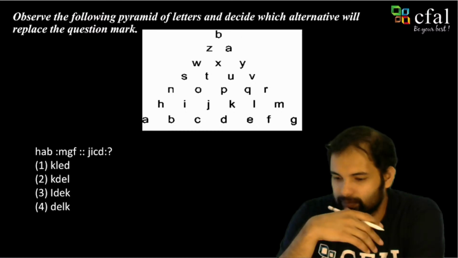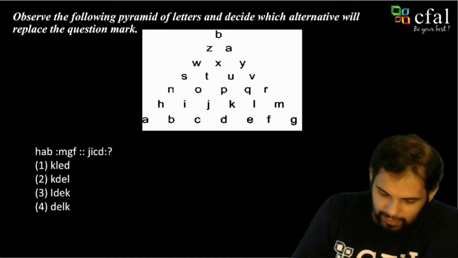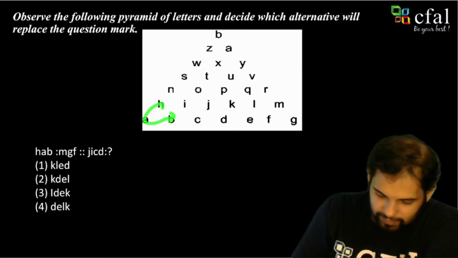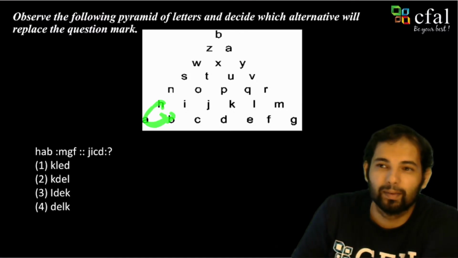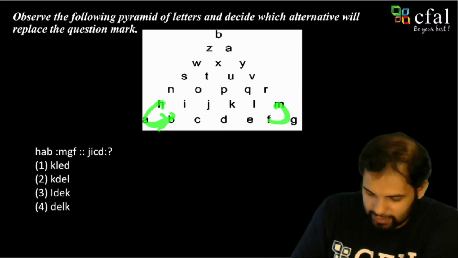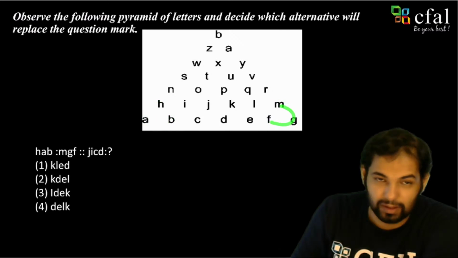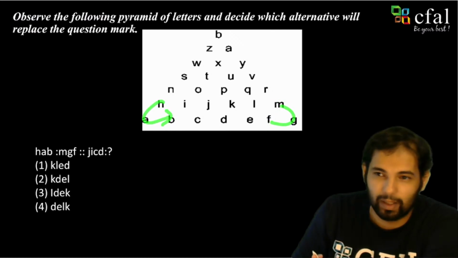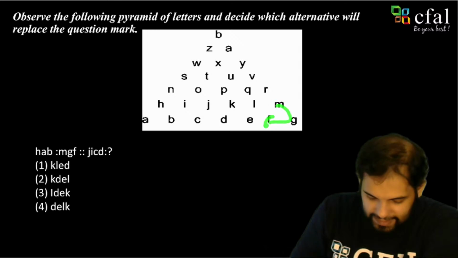Let's see. HAB goes this way, HAB goes this way. MGF, can we see something? In the corner, can we see? Okay, I say it's like this and this goes like this. That's all I can analyze for now. Let's see.